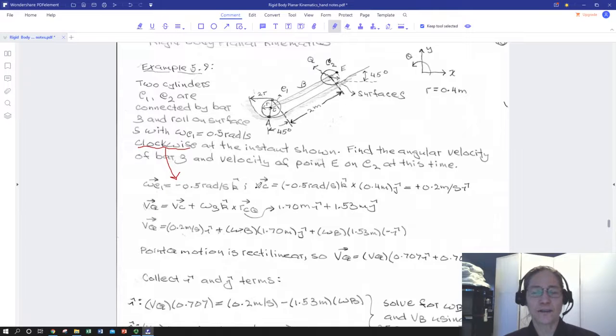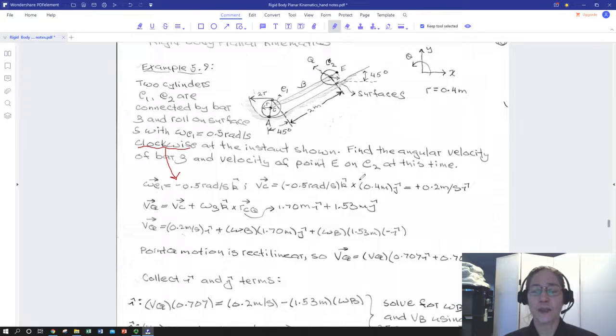So we can use that to get an expression for the velocity of C. Why was that important? Because that gives me a known velocity on one point of that bar. And once I know the velocity at one point on a rigid body, I've got a good chance of being able to find both the angular velocity and the velocity at another point. So I use my general expression for velocity at the center point of a rolling wheel.